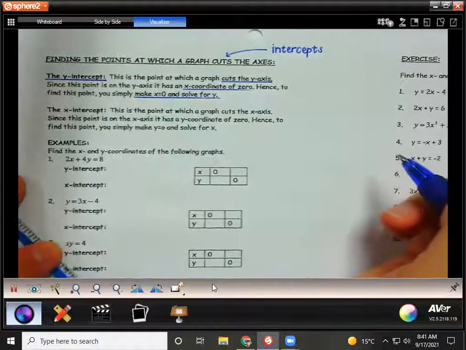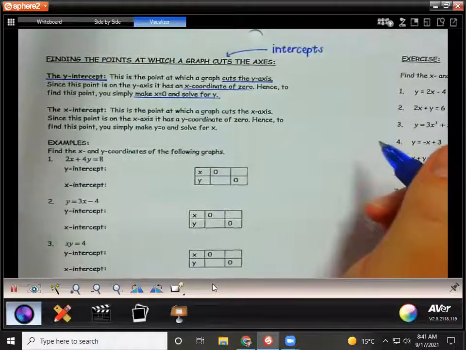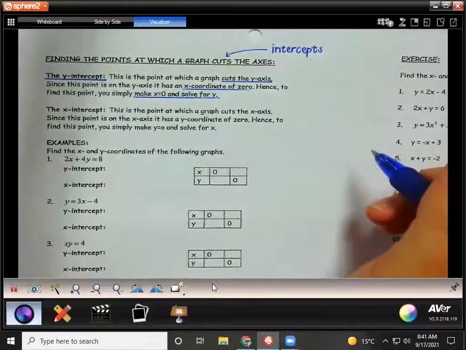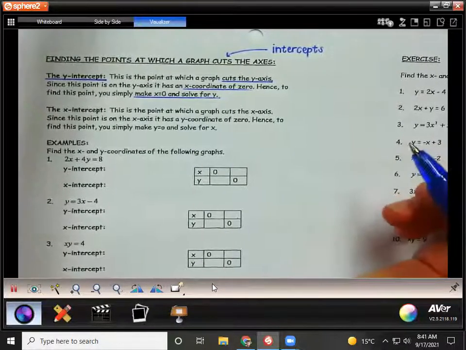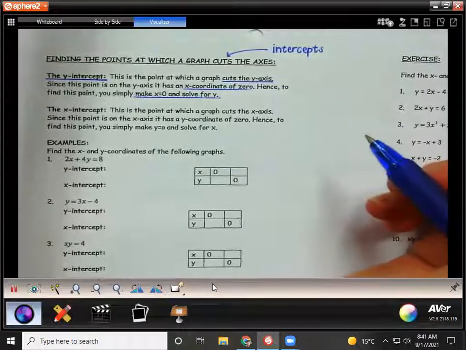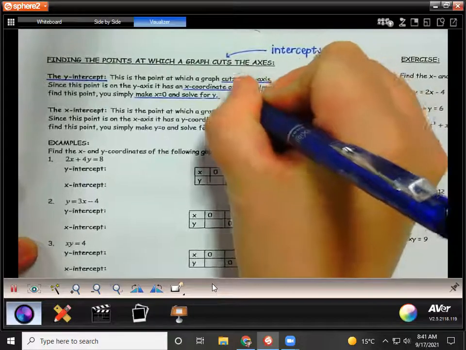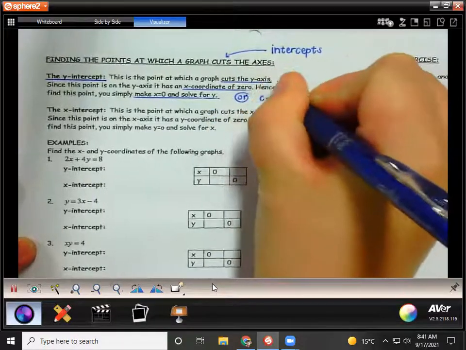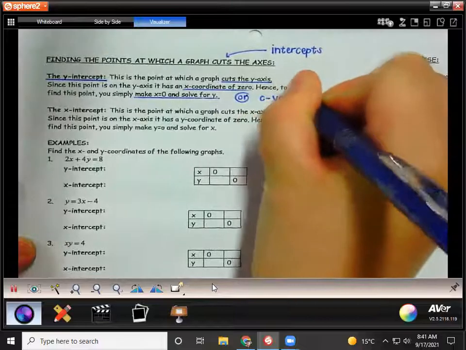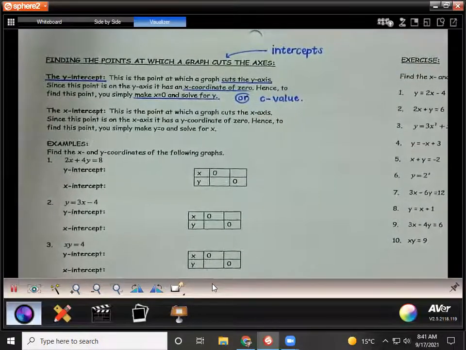Okay, we're going to do examples of that just now. So they're saying if you have your equation, right? In your equation, if you make x equal to 0 and you then work out what y is, that will be your y-intercept. Or we said already the other day, it can also just be your c value in that equation.